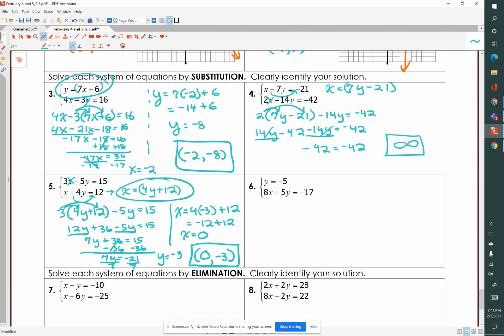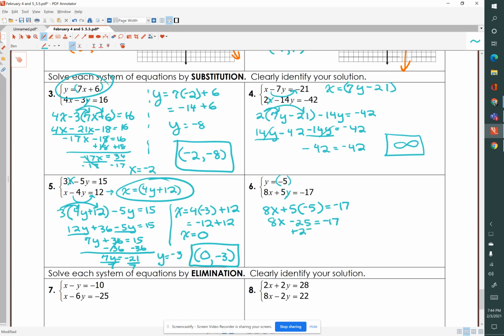And next, number 6 is a little bit easy. It's already solved for y. So I will insert negative 5 for y in this second equation. 8x plus 5 times negative 5 equals negative 17. Positive 5 times negative 5 is going to be negative 25 equals negative 17.